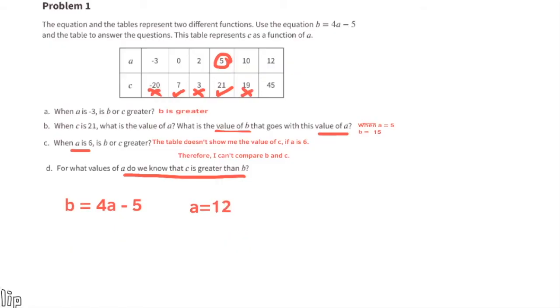Let's substitute a 12 for a. 4 times 12 is 48. 48 minus 5 is 43. When a is 12, b is 43, and c is 45. And 45 is greater than 43, so c is greater than b when a equals 12. 0, 5, and 12 are the values of a where c is greater than b.